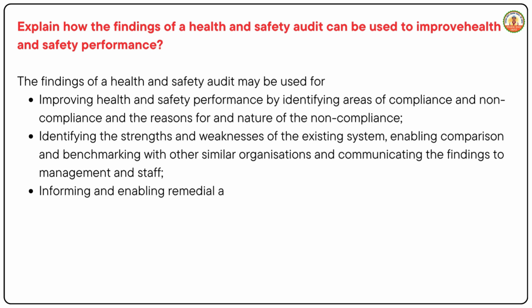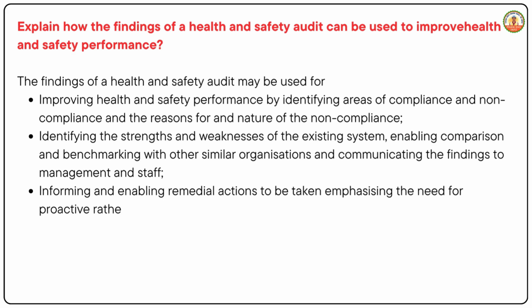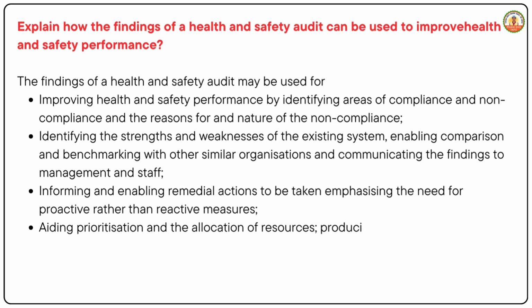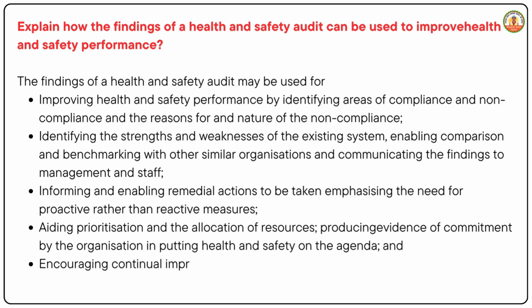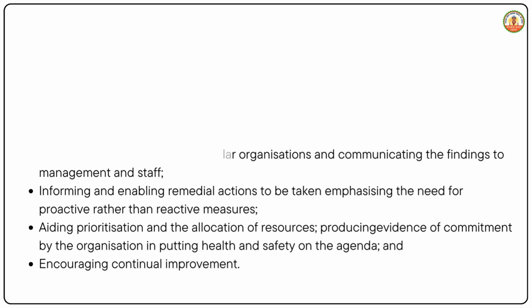Informing and enabling remedial actions to be taken, emphasizing the need for proactive rather than reactive measures. Aiding prioritization and the allocation of resources, producing evidence of commitment by the organization in putting health and safety on the agenda and encouraging continual improvement.